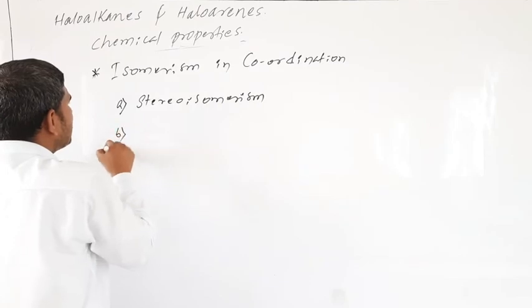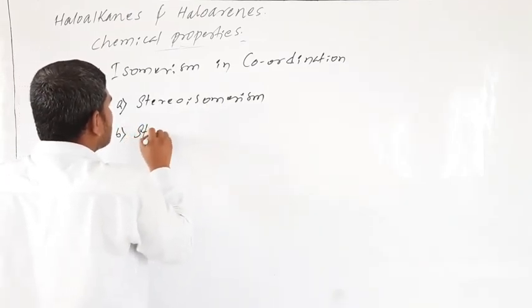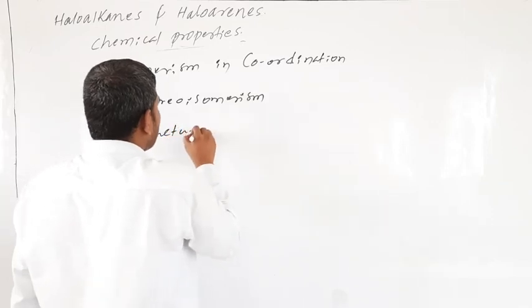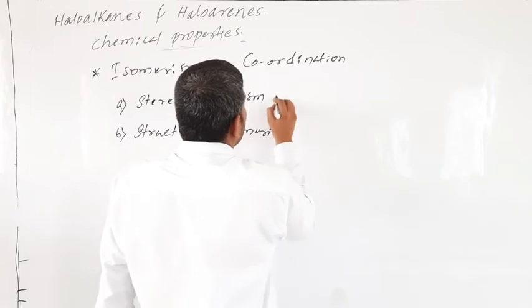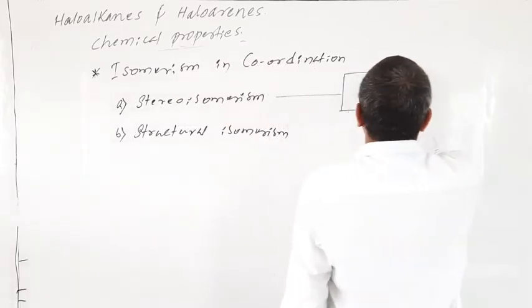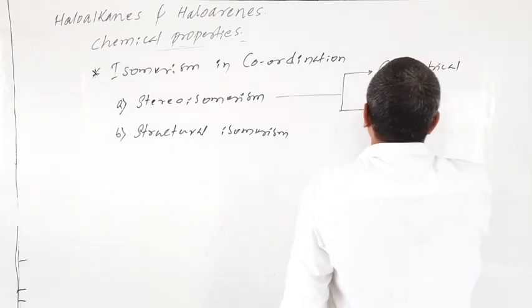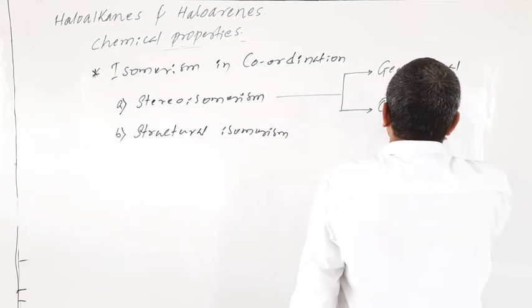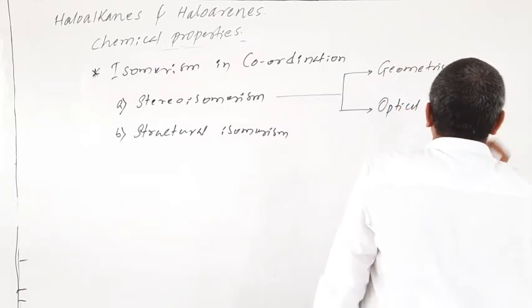Second one is structural isomerism. Again, stereoisomerism is classified into mainly two types: geometrical isomerism and optical isomerism. Understood?